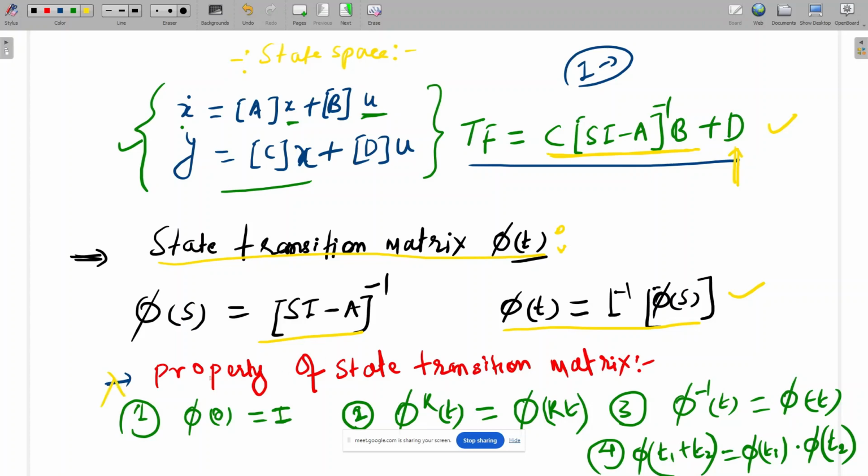First, phi of 0 is equal to I, so if you put t equal to 0 in phi of t, that gives the identity matrix. Second, phi to the power k of t is phi of kt. If k is minus 1, phi inverse of t is phi of minus t. The fourth is phi of t1 plus t2 equals phi t1 into phi t2. We should remember all this.